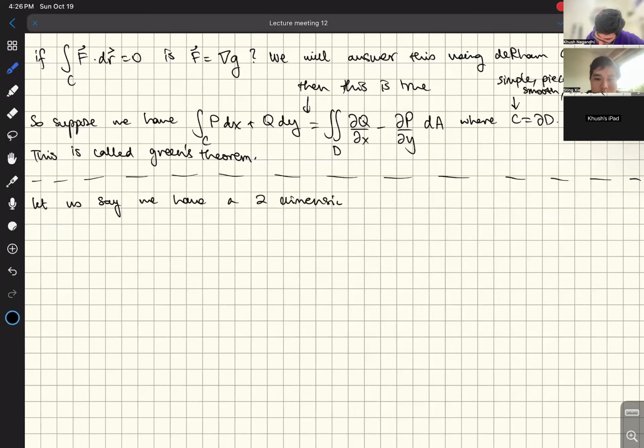Two-dimensional surface. Oh no, let's call it A in R3.